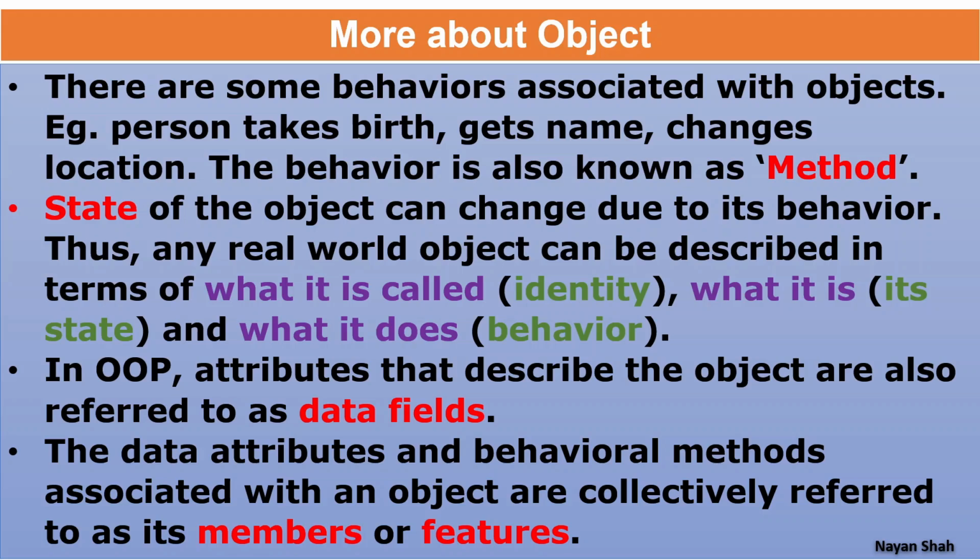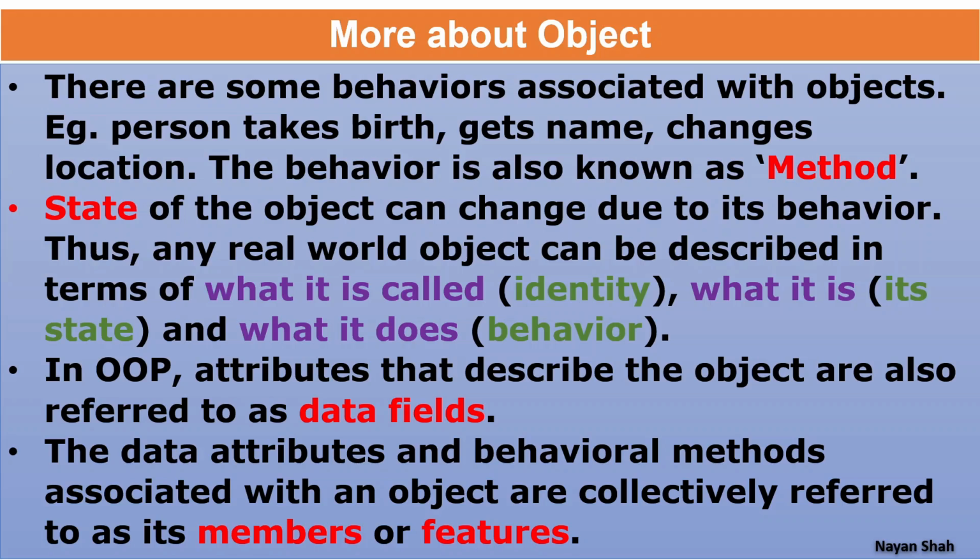Because there was a change in behavior, the state of the object changed. The value of the object changed. Thus any real world object can be described in terms of what it is called, that is its identity, what it is, that is its state, and what it does, that is its behavior.